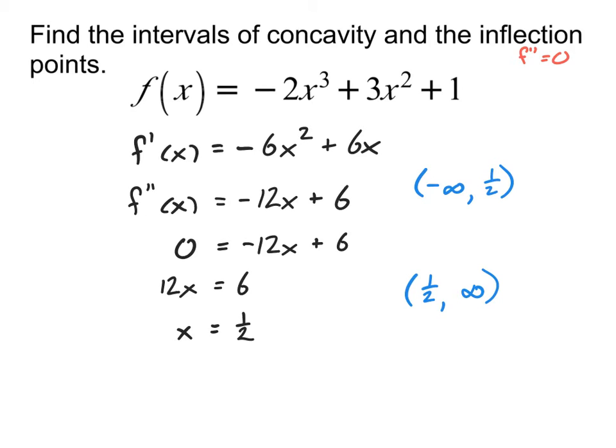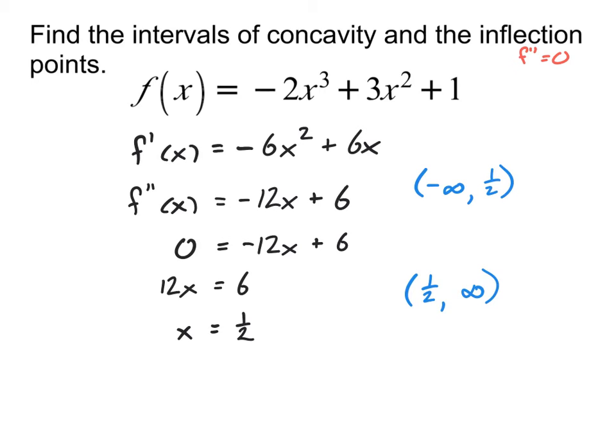All right, so now I need to know, is it concave up or concave down within each of those? In order to find that out, I'm going to test a point from within each of those intervals. So for this first interval then, I'm going to choose to use 0 because that's a nice easy point inside that interval. Now when I test that, make sure that you're thinking about what you are plugging it into.